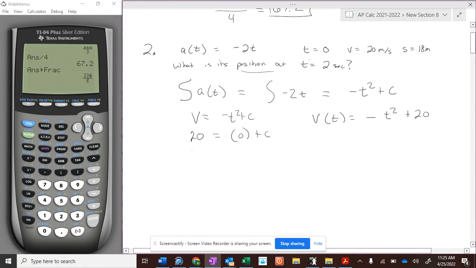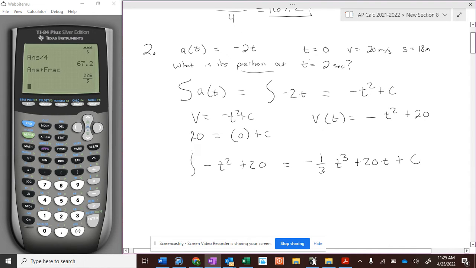But we're looking for position, aren't we? So what do we do to find position? Integrate again. So the integral of negative t squared plus 20, which is negative 1/3 t to the third plus 20t plus c.